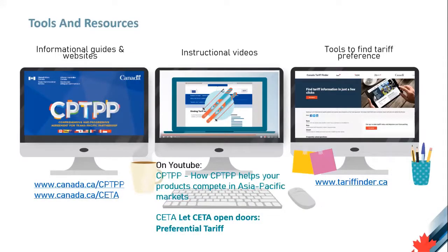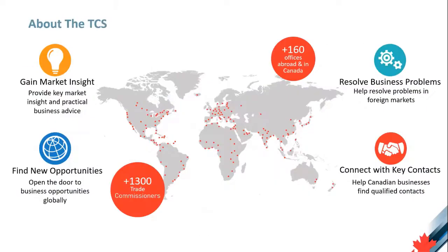Okay, like I mentioned, there are many tools and resources I want you to be aware of. You can start with our website for the CPTPP, the CETA, or the CUSMA, and also the Canada Tariff Finder that I mentioned, where you'll be able to find the tariff for your products. Next, please.